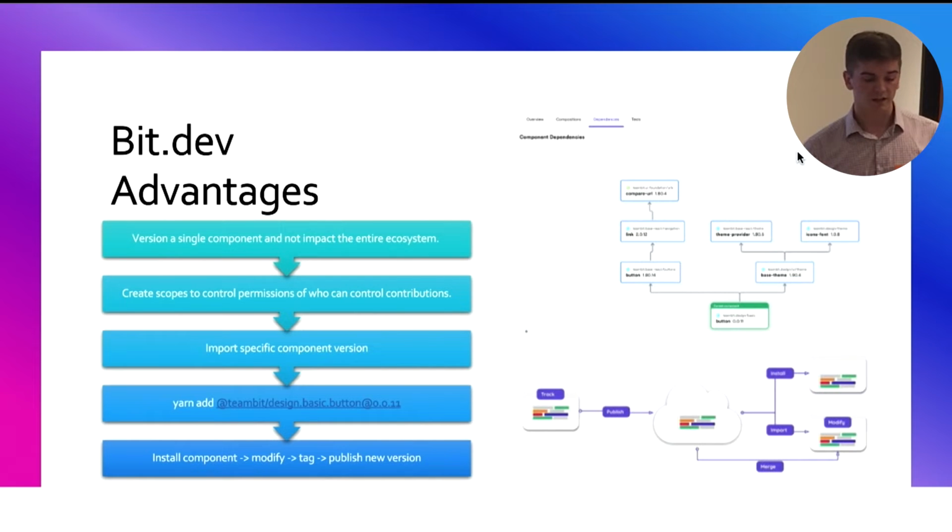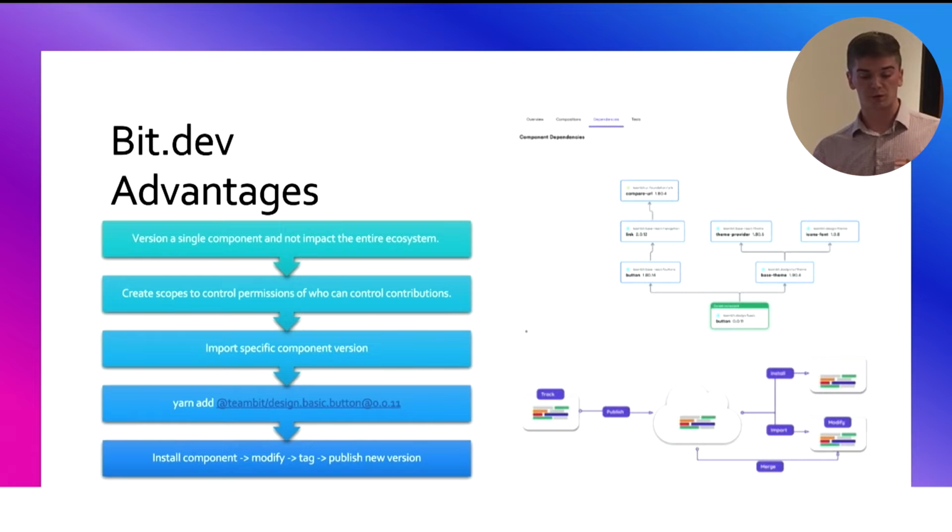So what's the type of flow that you would have with Bit? You have a workspace where you would build your component, and that's where this graph is right here. It's kind of hard to see, but I'll just read it out to you. You have track components.